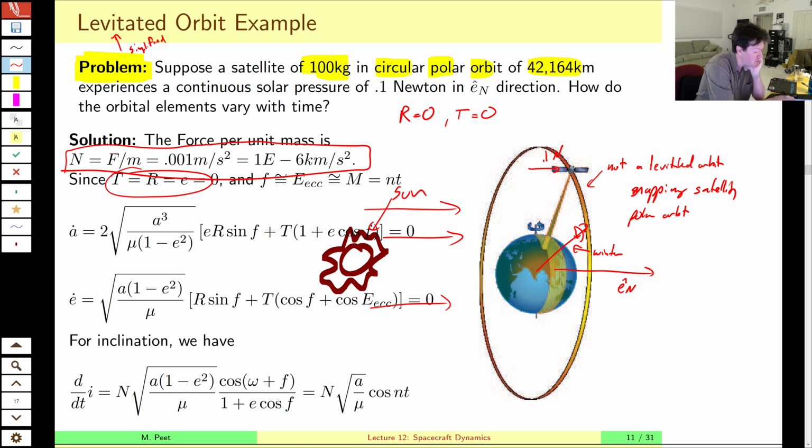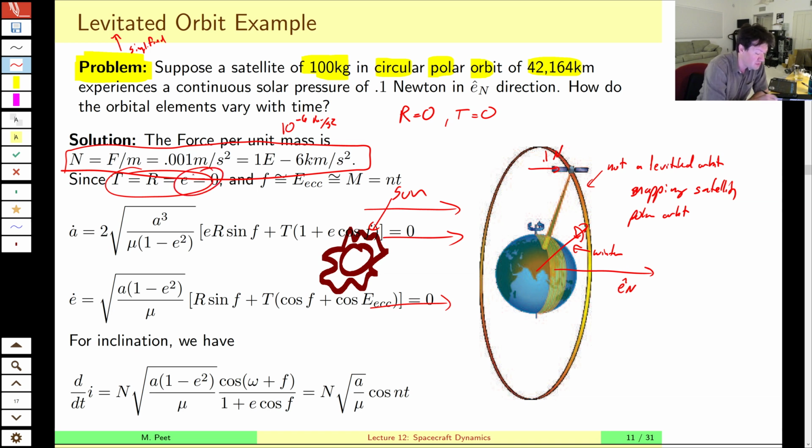So we take the force and normalize it by mass, and we get a normalized force of 1 times 10 to the negative 6 kilometers per second squared.